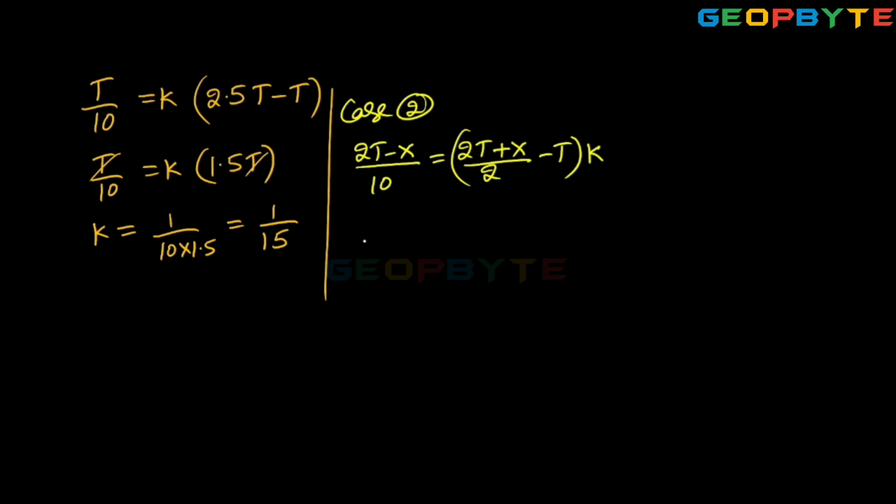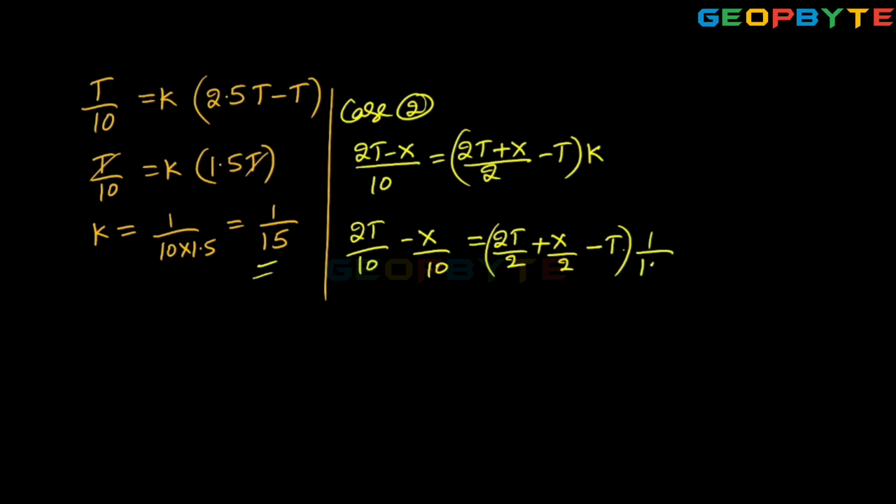Now let us simplify it. 2T by 10 minus X by 10 equals (2T by 2 plus X by 2 minus T) into k value 1 by 15.